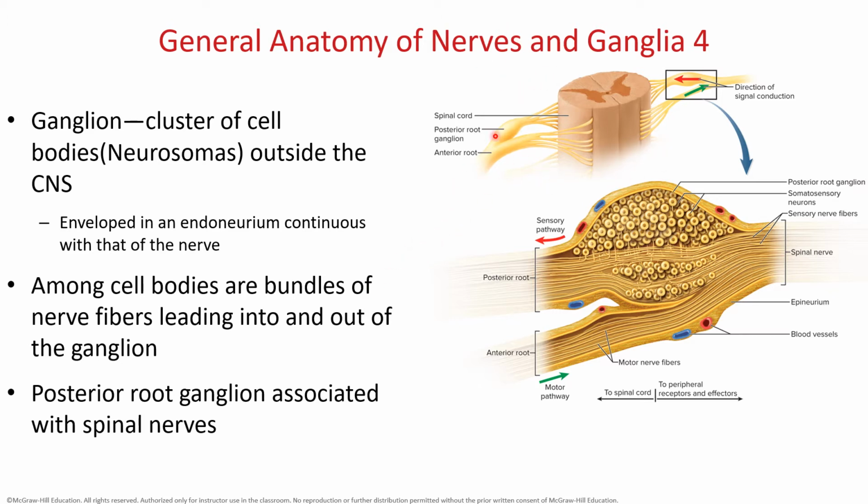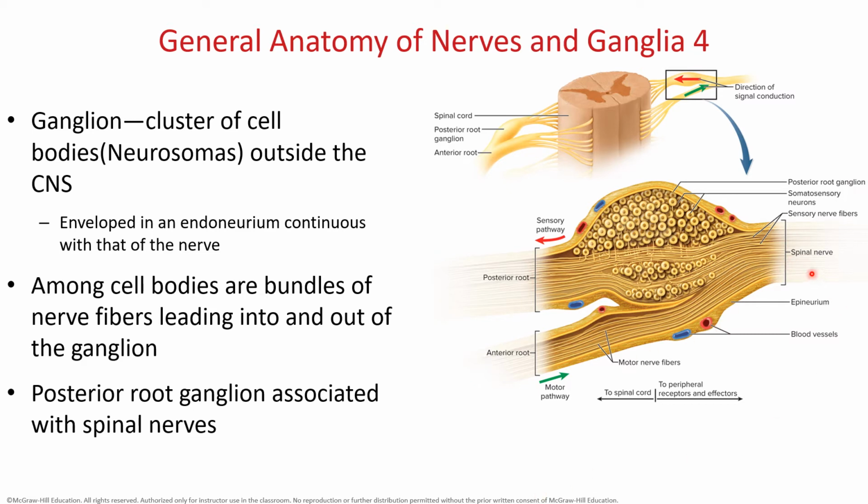So this is the anterior root here, and this is the posterior root. Motor information is going to come from the central nervous system, and it's going to come out right there.